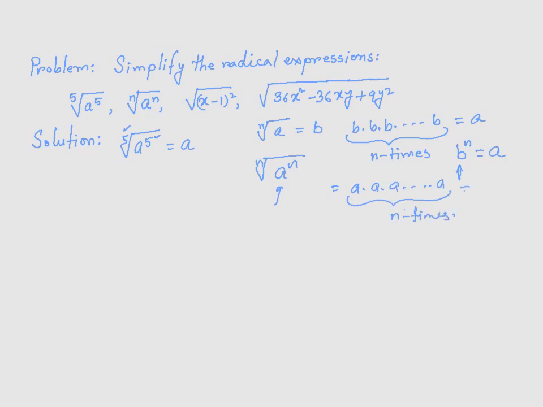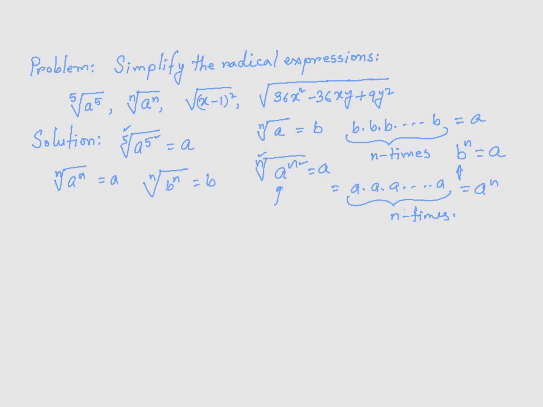So that should give you a to the power n. So that's the reason this n exponent and this nth root cancel each other out, and that gives you a. So in general, you can assume that the nth root of a to the power n is a, or the nth root of b to the power n is going to be b. So that's a rule that comes from the definition.